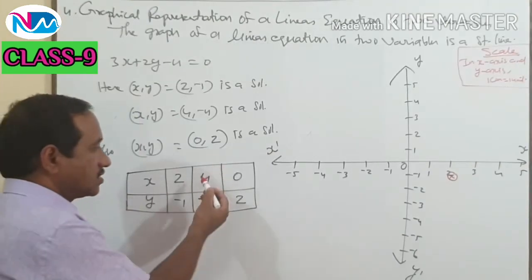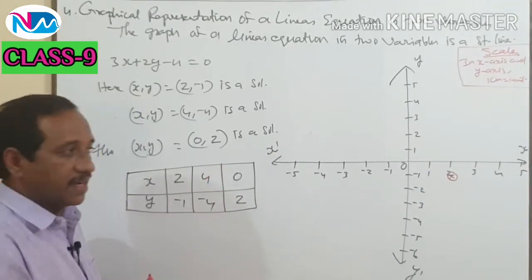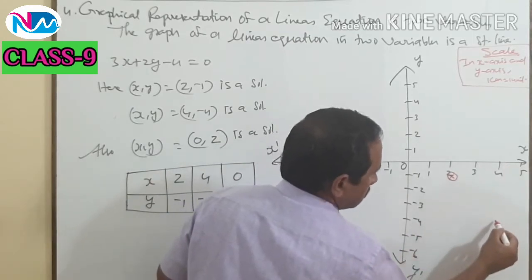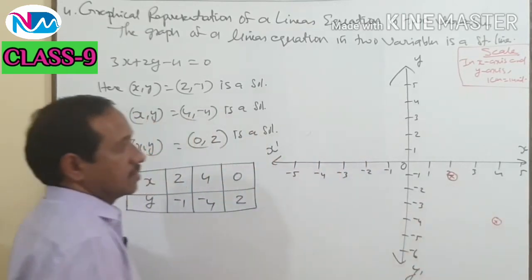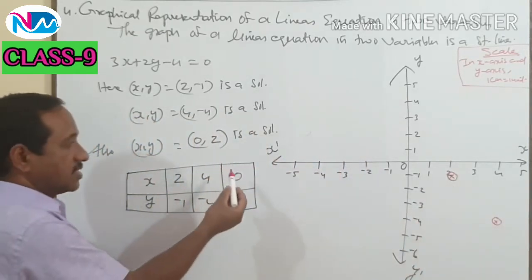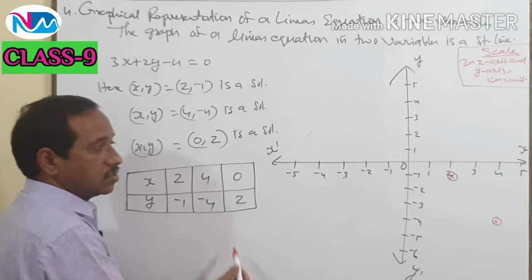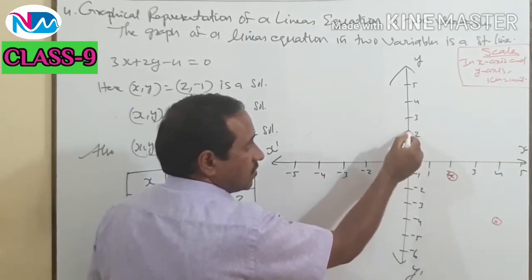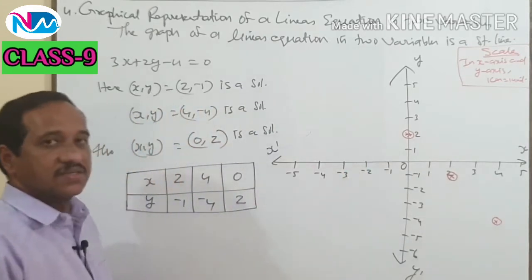That is, x coordinate is 4 and y coordinate is -4, it is somewhere here. And the third point, x coordinate 0, y coordinate 2, that will be on the y axis.